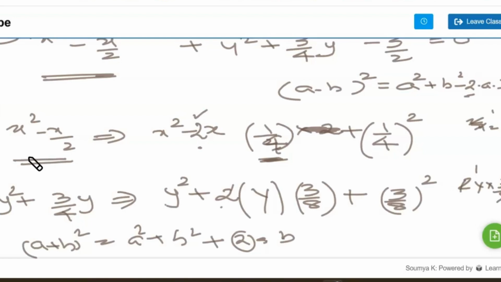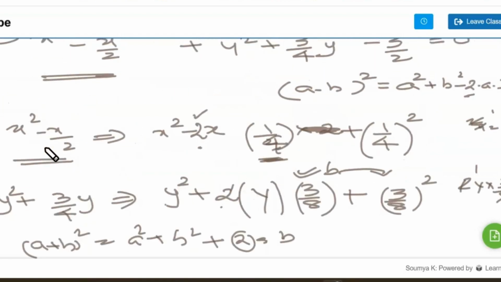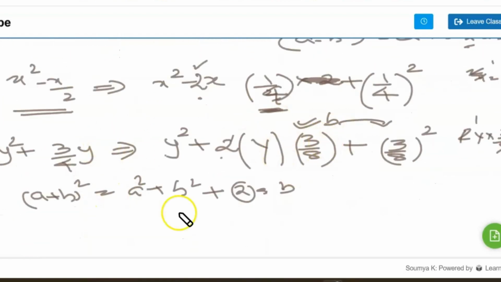That's why the number is selected as 8. This comes by practice. Do more and more questions, you will understand. Now this is the b term and the b whole square is taken. So you have got a complete equation in such a way. Now what we have to do is rearrange these numbers and write.